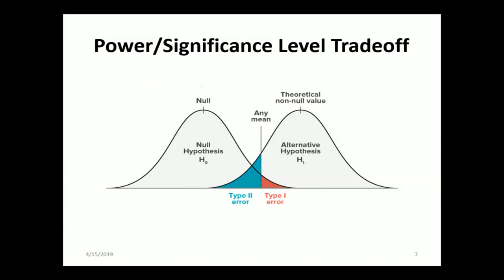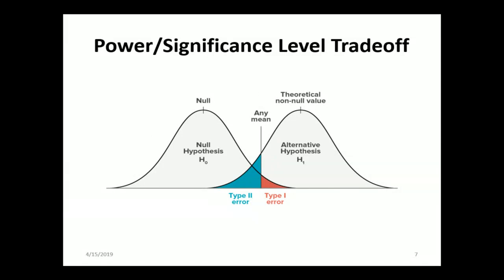And that line there is our cutoff for deciding, okay, we're going to decide in favor of the alternative or we're going to decide in favor of the null. What you can see on the right-hand side is the type 1 error, because under the null, we've decided to favor the alternative, which is an error, and that's the red region there.